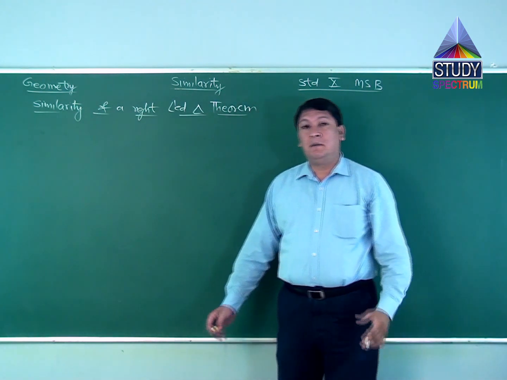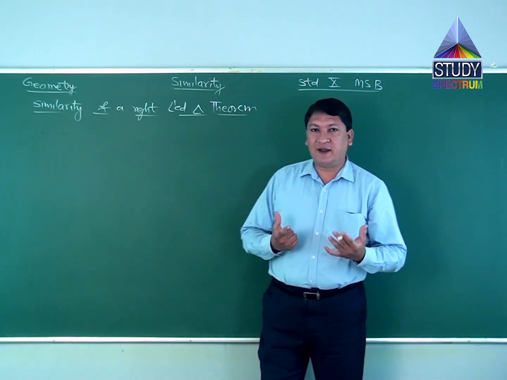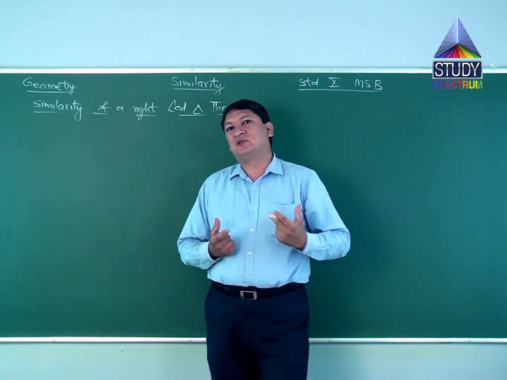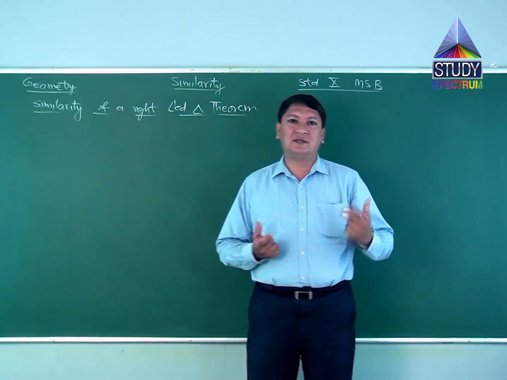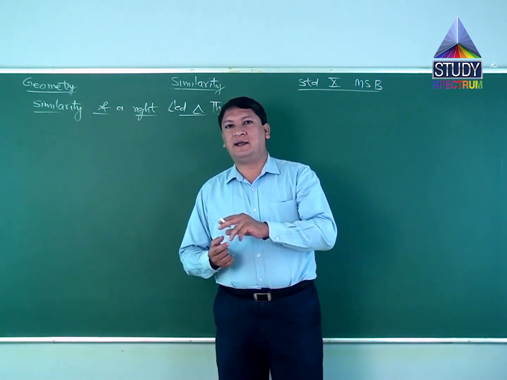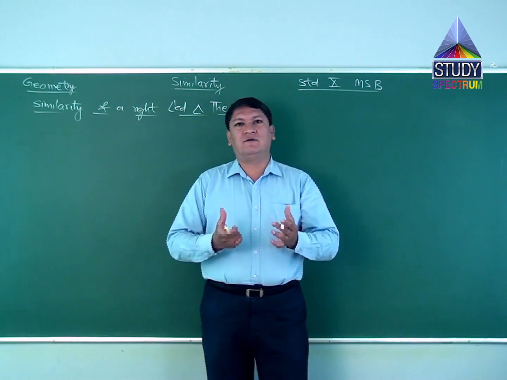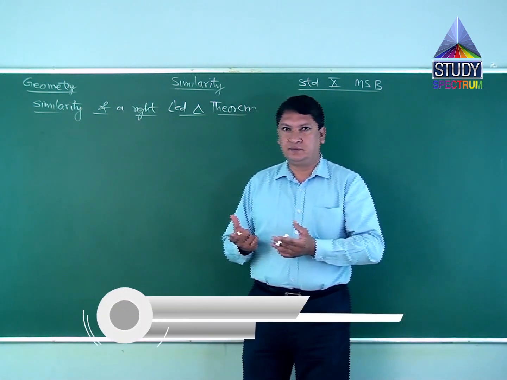I have noticed many students find this theorem to be very complicated. The reason is they never go to the basics of this theorem. They just keep on doing sums, but all the time they are confused about which triangle to take. After some time, I really want all of you to be very confident about how to apply this theorem. Fine?